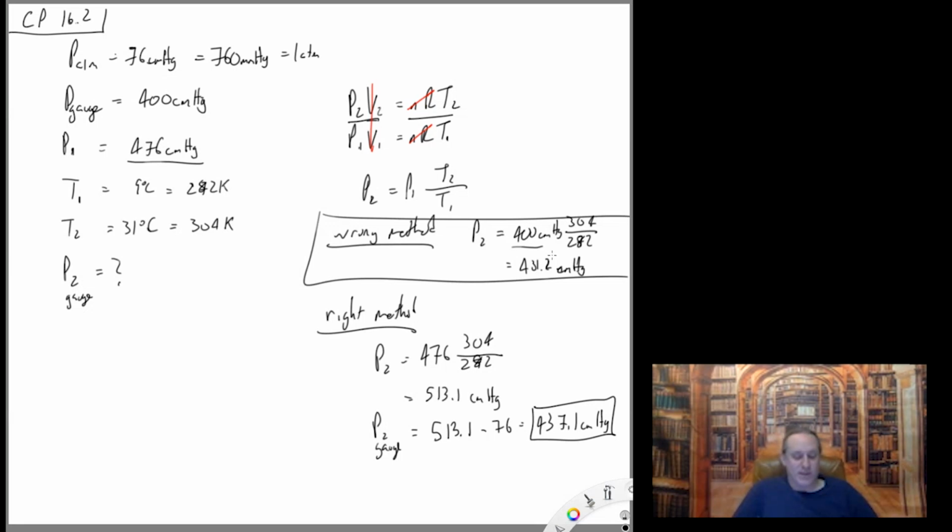Those are too close for me to be able to tell. So I'm just warning you about this, to be careful. When you see gauge pressures, or it doesn't say gauge pressure, but it says there's a pressure gauge, you have to think, okay, convert everything to absolute pressure first, solve the problem, and then at the end, if it's asking you for the gauge pressure, you then have to go back to the gauge pressure.